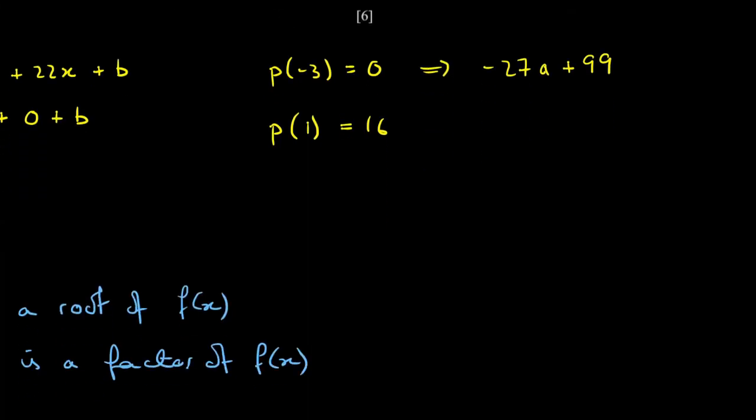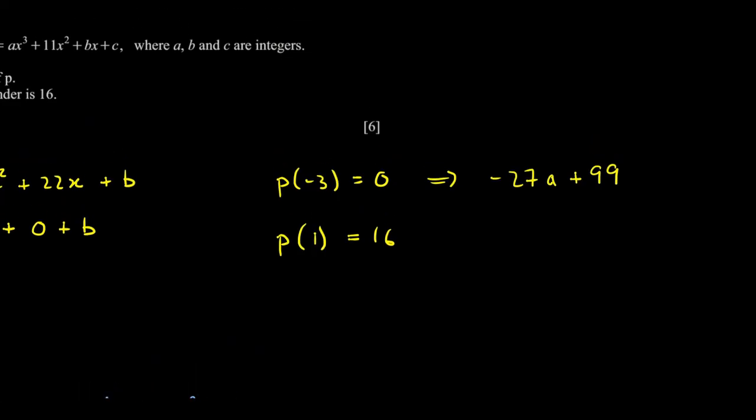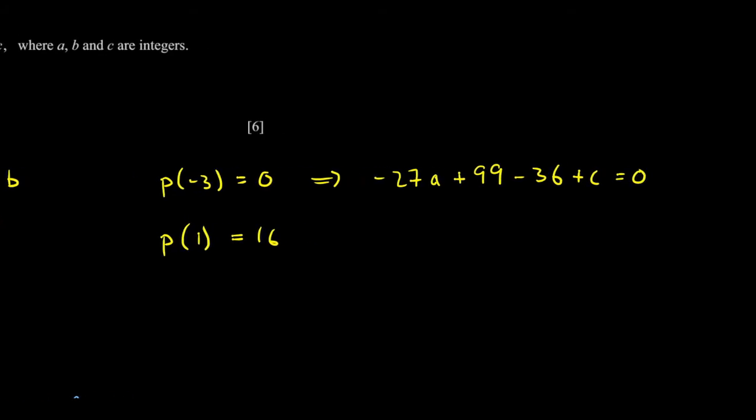Now b was 12, so -3 times 12 is -36, plus c is equal to 0. Simplifying, I get -27a plus c plus 63 is equal to 0. So that's one equation there.